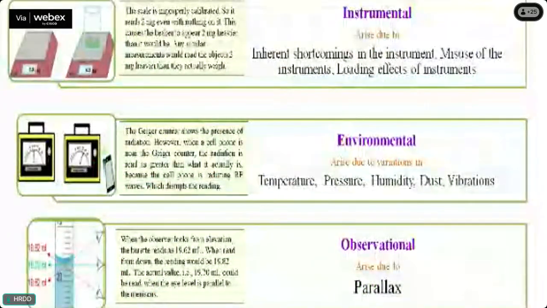So these are different ways of systematic errors entering into your measurement. For example, if a balance is not properly zeroed, as we have seen in the vernier caliper case, even without any sample the balance reading shows 2.00 milligram.